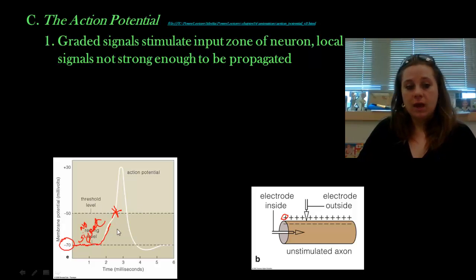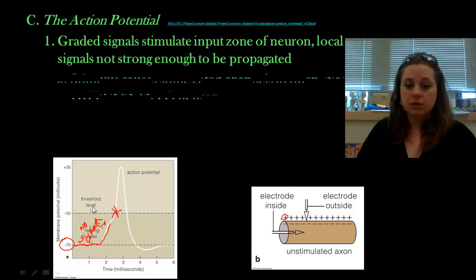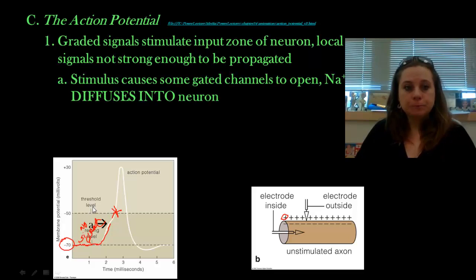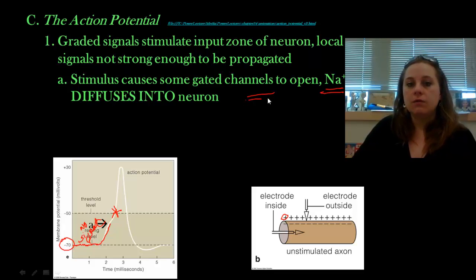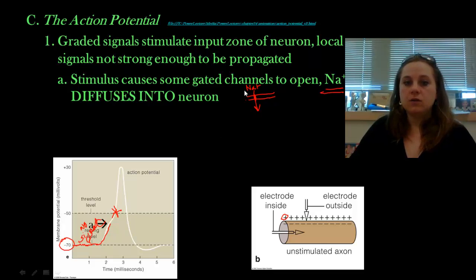So it's really important that it has to pass threshold for there to be a signal to propagate along. The signal will cause gated channels to open, and sodium will flow in. If I've got my little membrane here and a bunch of sodiums outside, the first thing that happens is the gated channels open and sodium comes in.